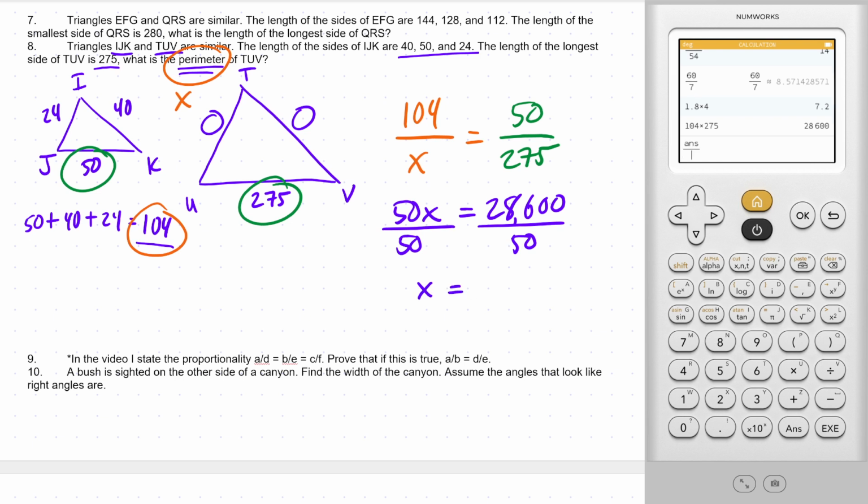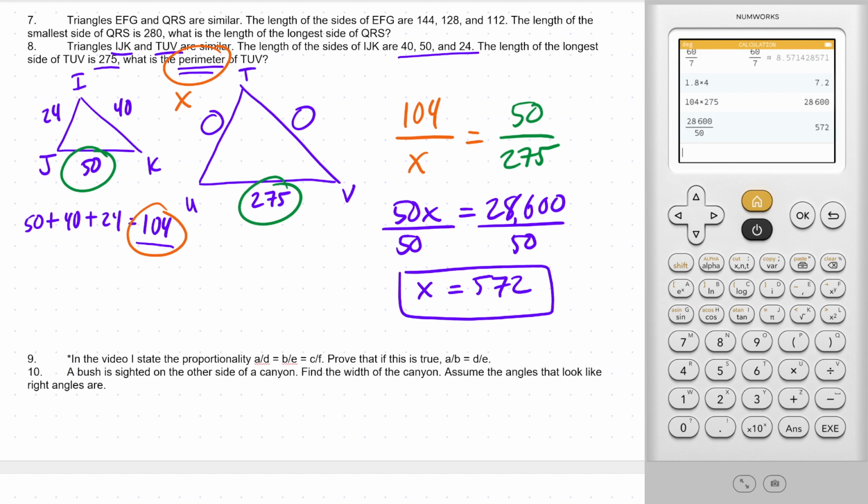Okay, so divide by 50, and that gives me 572. So there's my answer. The perimeter is 572. Or wait, yes, that's right. Excuse me. So the perimeter of the large triangle is 572 units. It doesn't really specify the units, so whatever the units are.